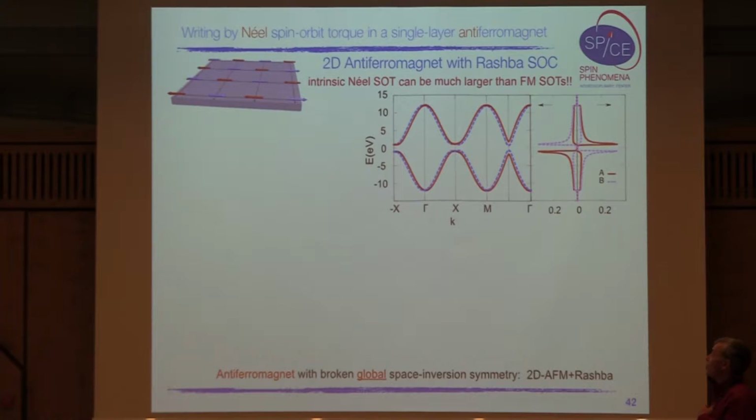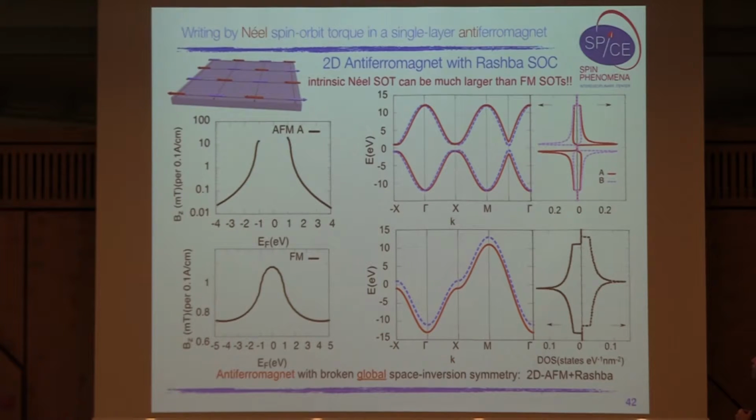Now, one of the important things to realize in this case is that this effect will be much stronger than in ferromagnets, because in ferromagnets, you probably don't remember the equation, but you have one over the difference of the bands that are coupled, squared, in the denominator, that reduces the effectiveness quite strongly. So in the ferromagnet you have the exchange gap all the time, whereas in an antiferromagnet you have this exchange gap that is very natural, so all the bands are separated.